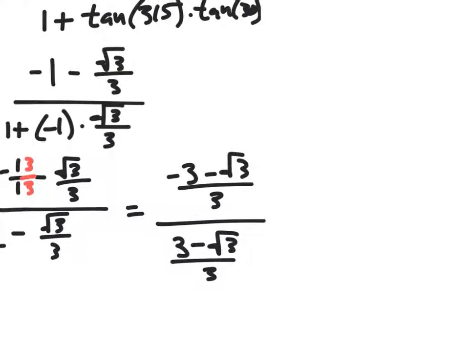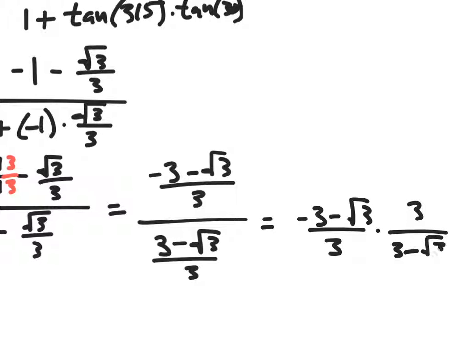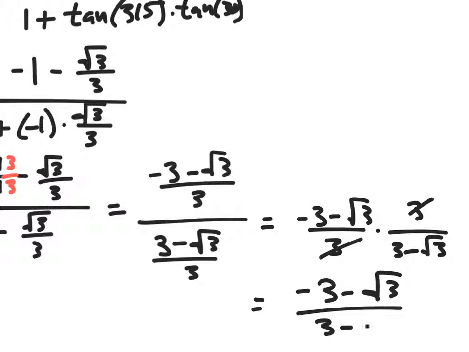When I have two fractions divided, I'm going to do negative 3 minus root 3 over 3 times 3 over 3 minus the square root of 3. 3's divide out. Our exact answer is going to be negative 3 minus the square root of 3 over 3 minus the square root of 3.